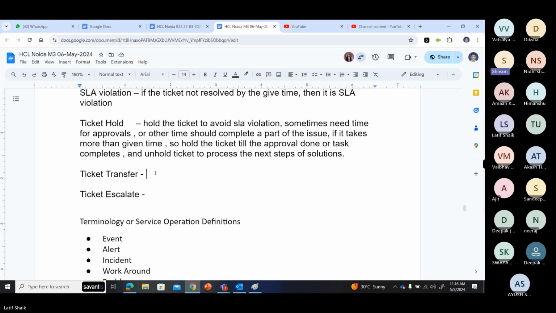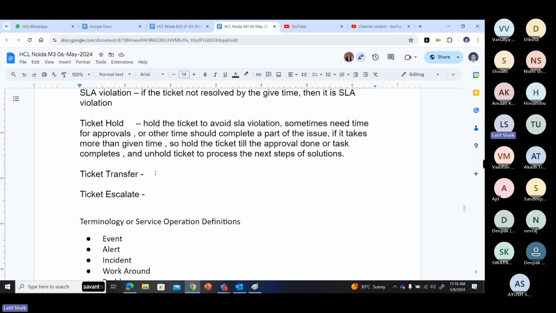Yes, sir. Okay, what is ticket escalation? Generally, escalation happens very rarely.